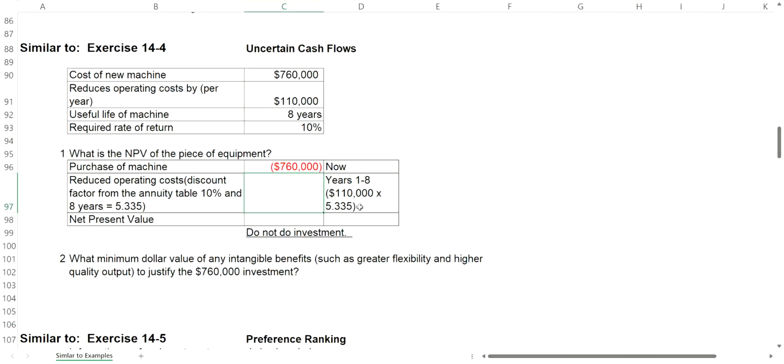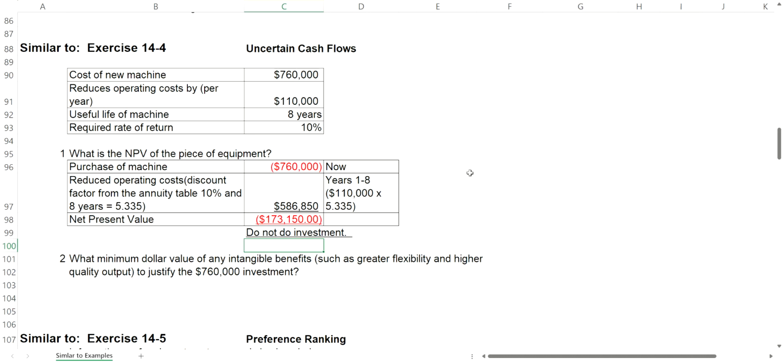Take 110,000 times the discount factor that I found on the annuity table at 8 years, 10%, 5.335, and that gives me cash inflows of $586,850. Okay, when I take the difference, I do have a negative $173,150, so I should not do the project.